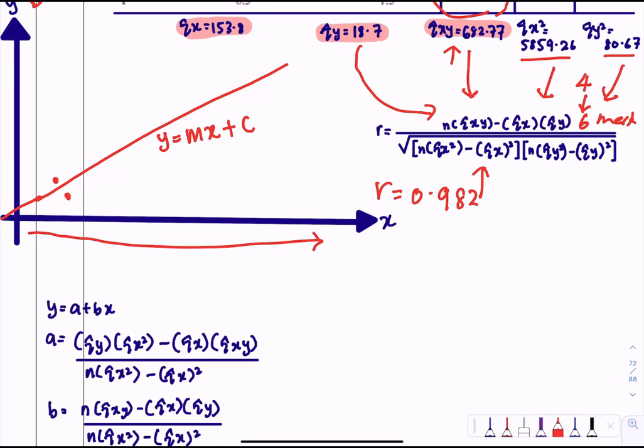What is y? Y is the y-axis, the dependent variable. X is the independent variable. M is the gradient, kecerunan dia. C is the intercept on the y-axis, dia punya pintasan pada y-axis. Okay, that is the formula.